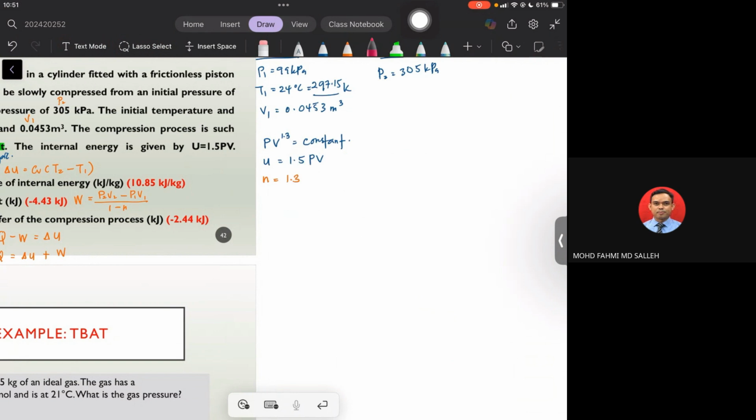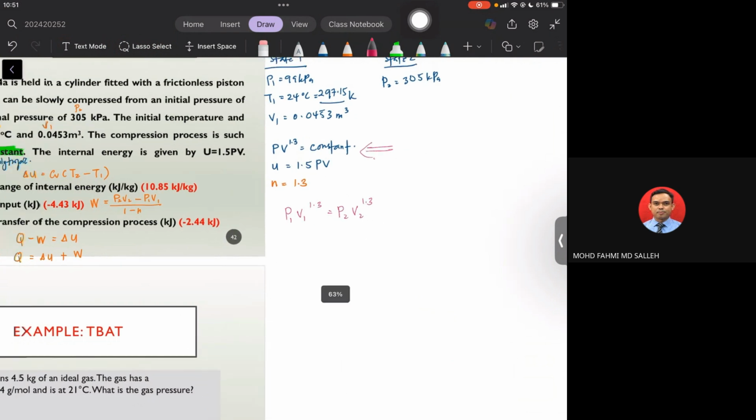Okay, based from this relation, we can write the relation between state 1 and state 2 as such. So from this, what we actually want to determine is the volume at state 2.